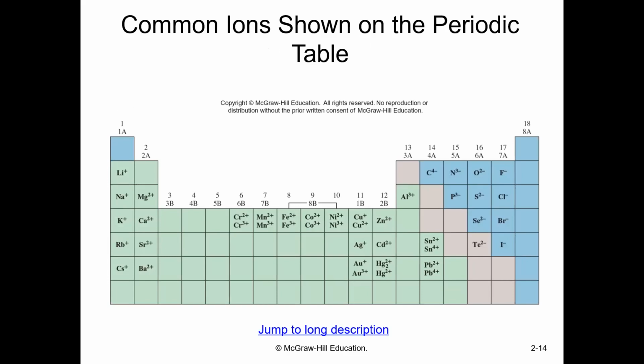Okay, we're going to use the common charges. For the transition metals, we know they change, but these are the common ones.